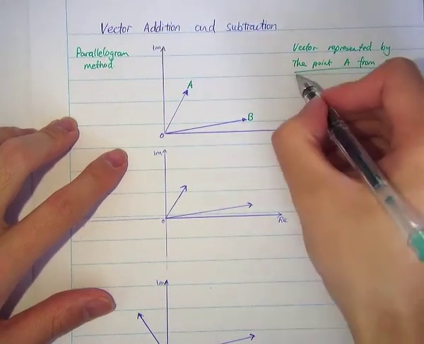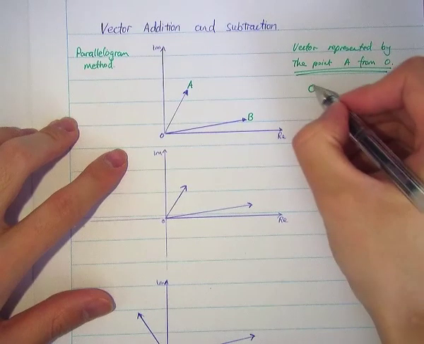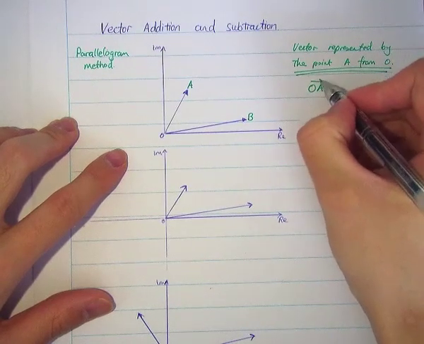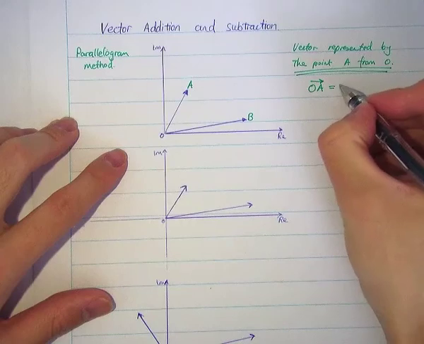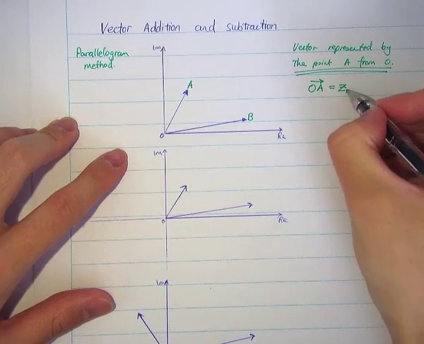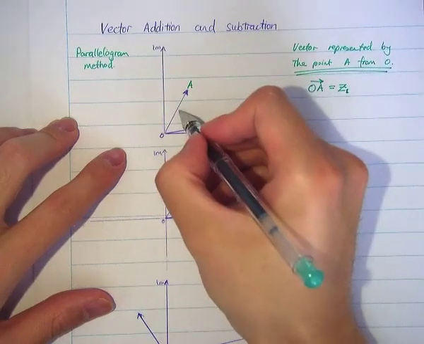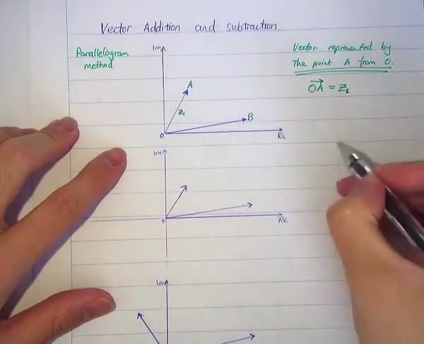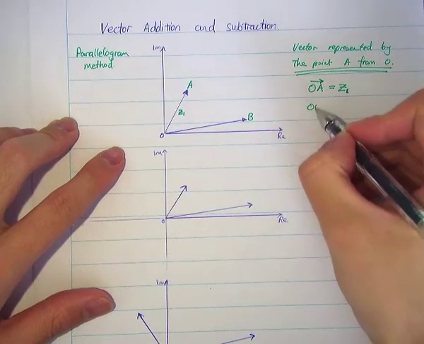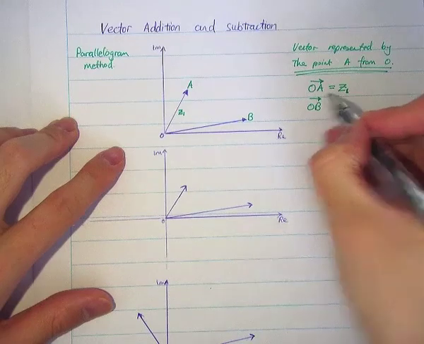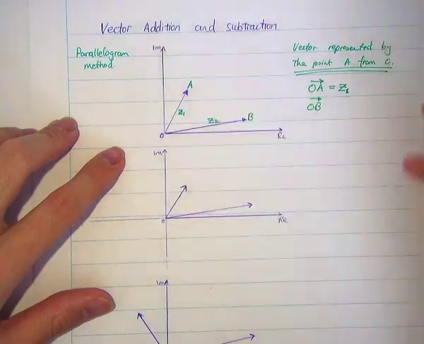Now, a shorthand for this will be OA with an arrow on the top. And we will call this Z1. Sometimes they might give you other lowercase letters, but in this case we'll call it Z1. Now, similarly, the vector OB will be Z2.